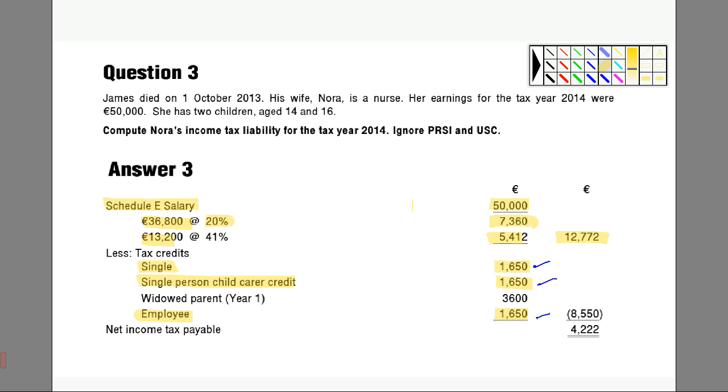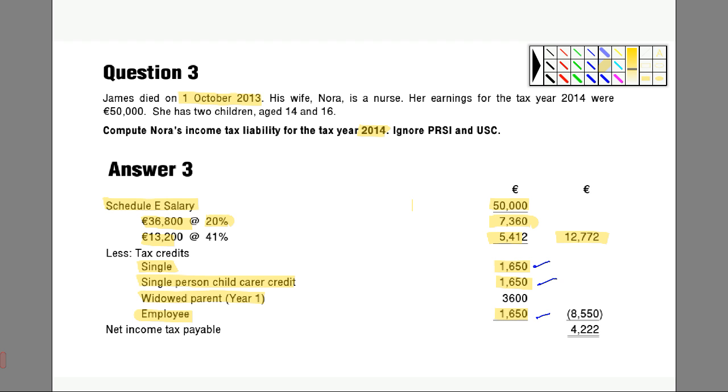They said that he died on the 1st of October 2013, which must mean that the year we're doing the income tax computation for is the year after he died. Therefore, it is year 1. So do note with this widowed parent credit that it kicks in the year after the death.